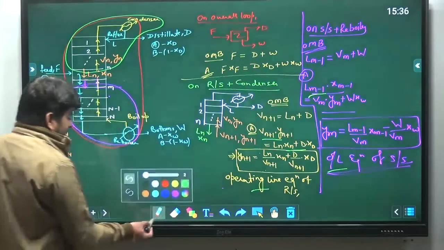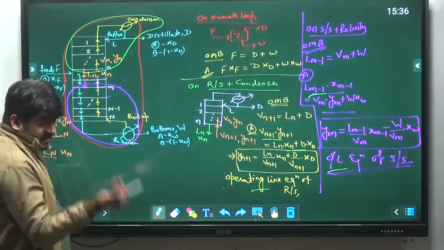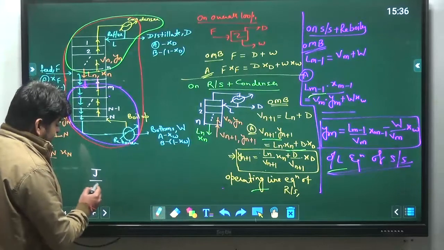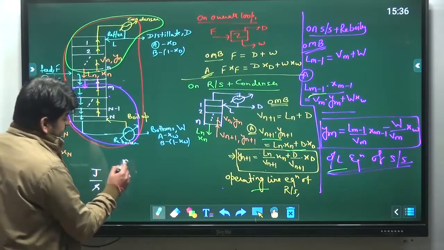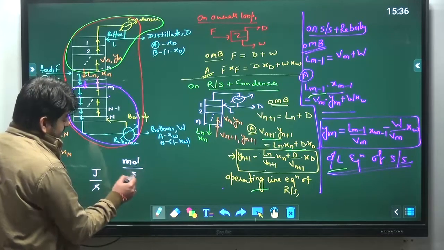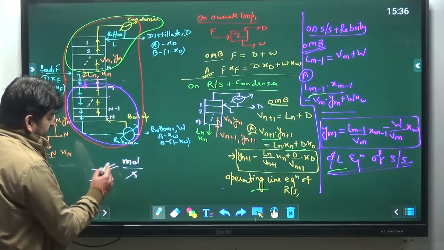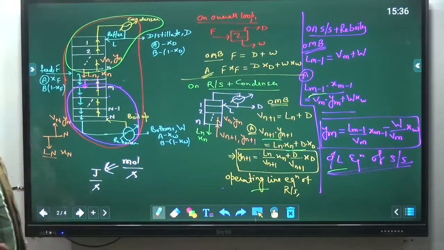Now, can anyone of you tell me, if I want to do the energy balance? Obviously, energy balance must be in joule per second, and we have the mole balance equations in mole per second. So how can I convert this mole per second into joule per second? What do I have to do?